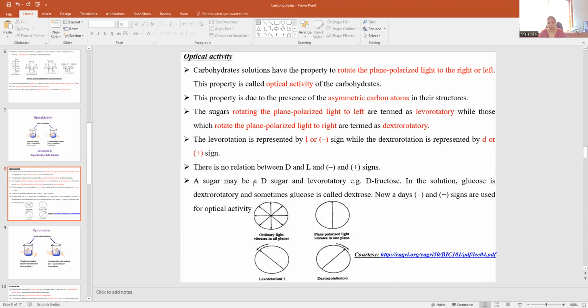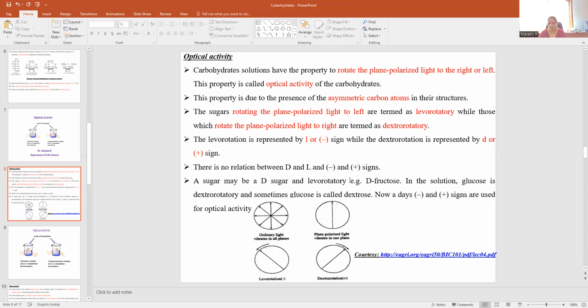Any sugar which may be a D sugar or an L sugar can also rotate in the levorotatory direction. For example, you have D fructose. It is denoted by capital D, D fructose, but it will rotate the plane of polarized light to the left. So these are called levorotatory sugars. Fructose will be levorotatory, though it is designated as D fructose, because it rotates the plane of polarized light to the left.